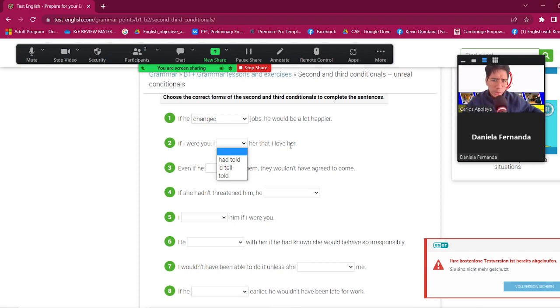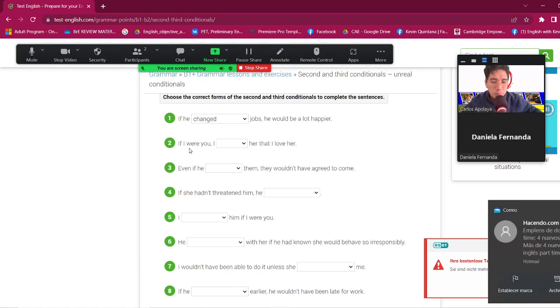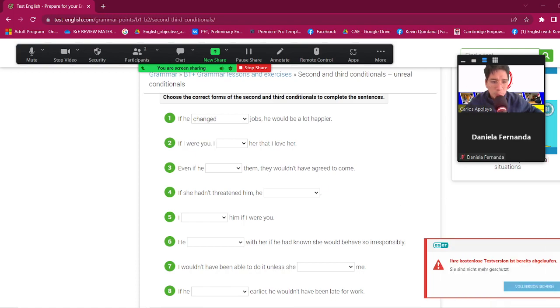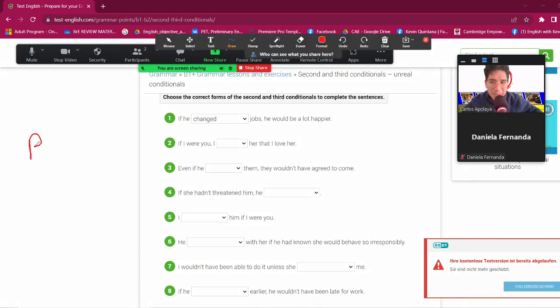Are you sure? Look at this, Danny. Is that the third or the second conditional? When you have the past simple here, comma, then what is the structure?